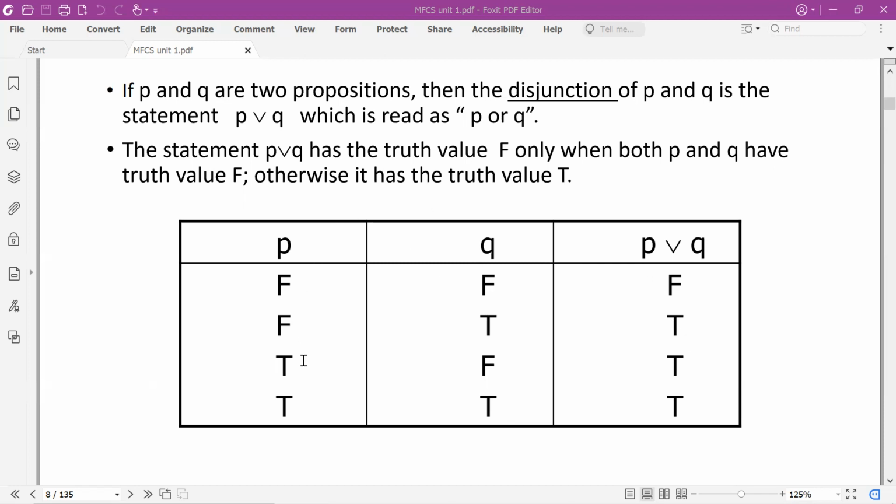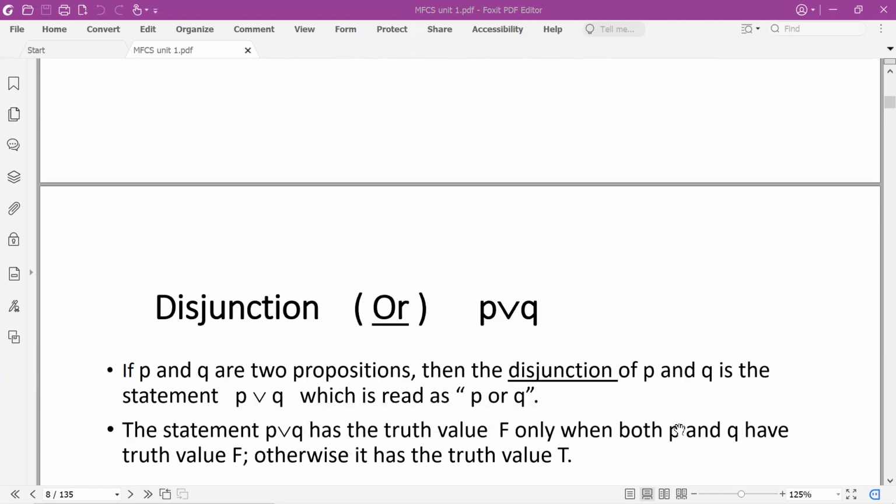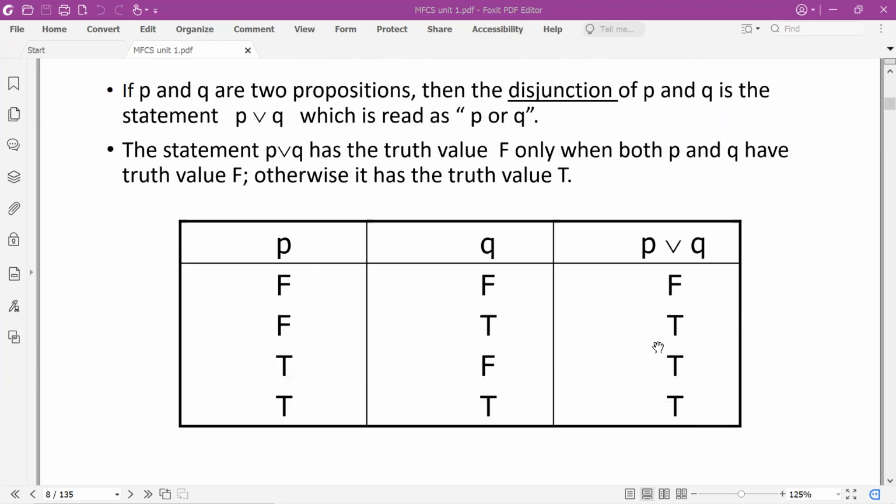When P is true and Q is false, we get true. And when both P and Q are true, we obviously get true. So in the case of disjunction, only in one case do we get false, when both are false. Otherwise, even if one of the inputs is true, we get true.